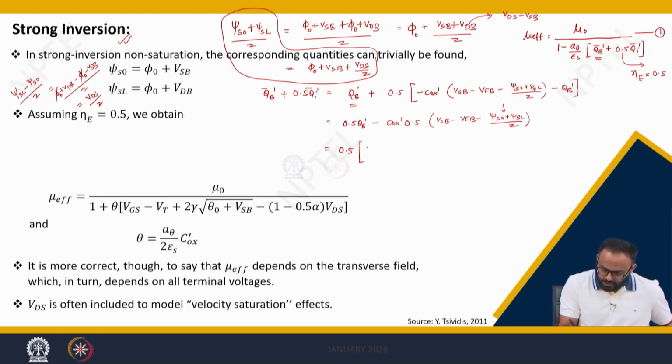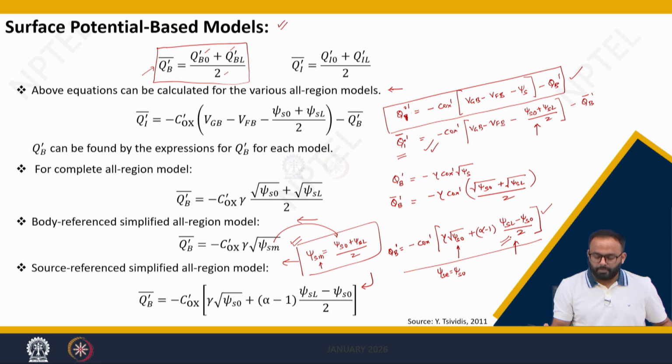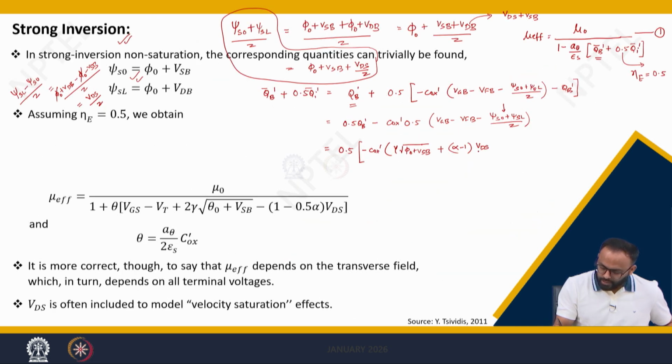So I am just keeping it as minus COX dash into gamma times psi s 0. Psi s 0 is phi naught plus VSB, right, plus alpha minus 1 into psi s L minus psi s 0 divided by 2. So ultimately it is VDS divided by 2, we just derived here, right, minus 0.5 COX dash into VGB minus V flat band voltage minus VSB minus phi naught minus VDS divided by 2.